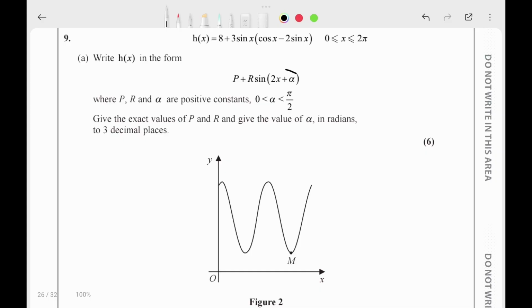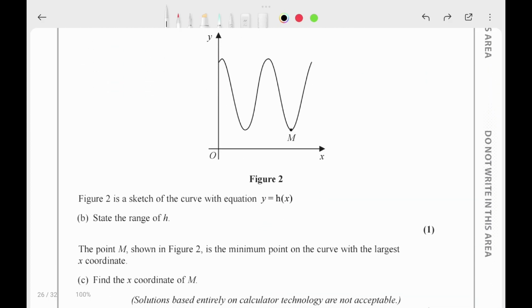And now we need to use this p plus r sine 2x plus alpha.